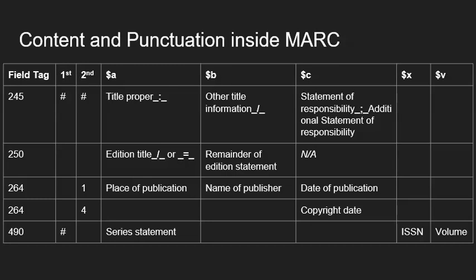We have the option now of putting the punctuation inside the box for the data that it precedes. But we will not do that in class. It will be at the end of the box that precedes the next box. Of course, as you can see in subfield C within a 245 field, there are actually two pieces of informational data that live there, separated by punctuation. We will see that happen a lot.